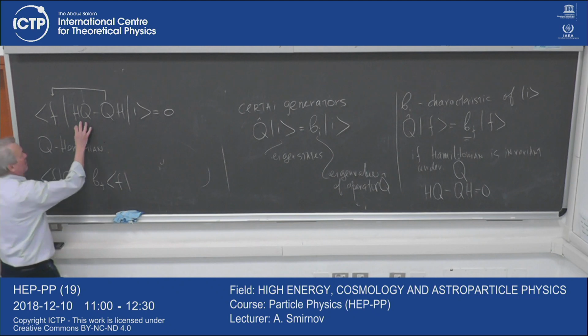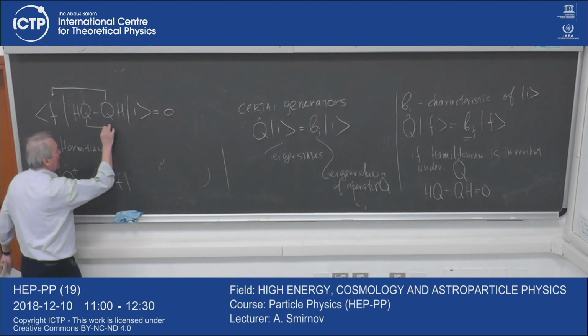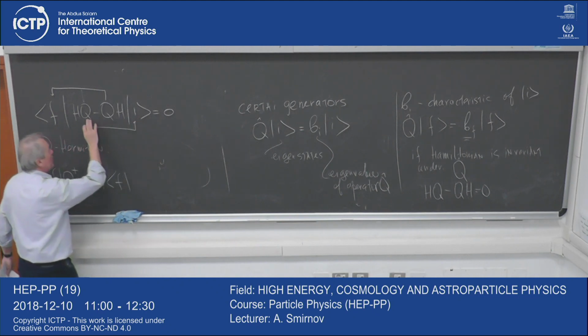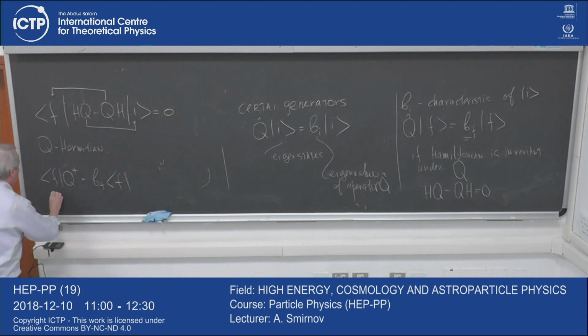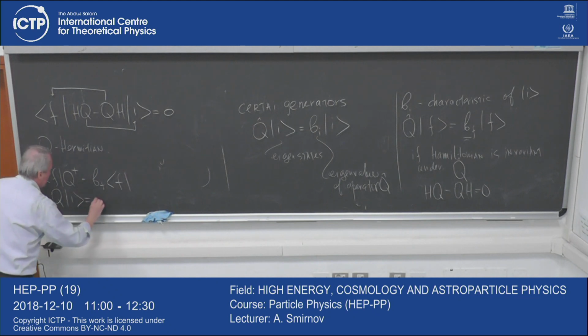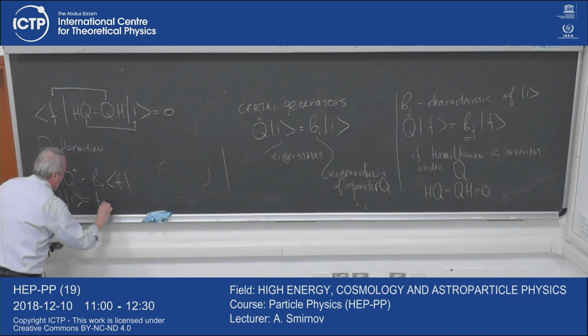Now the second term, I act by this Q on I because Q is attached to the I state, and what I will get, Q acting on I gives me B I in state I.